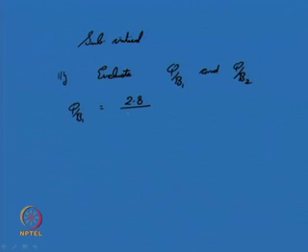Similarly, evaluate q by B 1 and q by B 2. q by B 1 is 2.8 by 3.5, and here q by B 2 is 2.8 by 2.2.